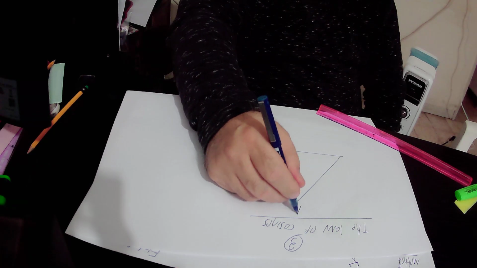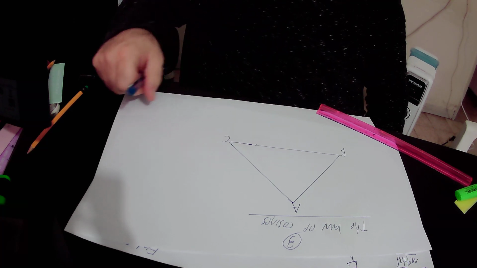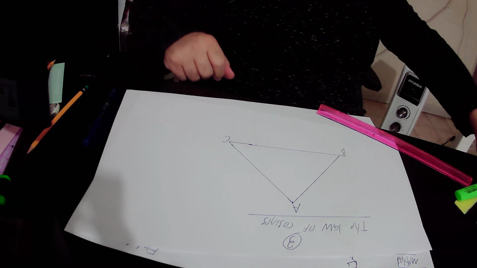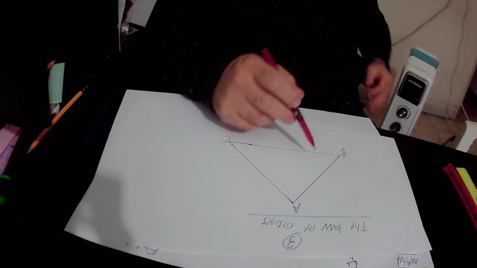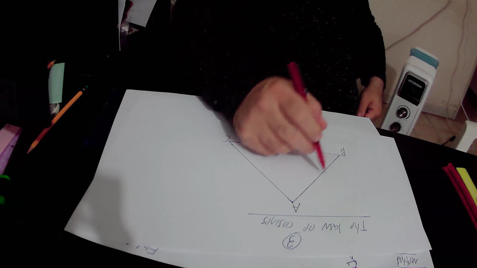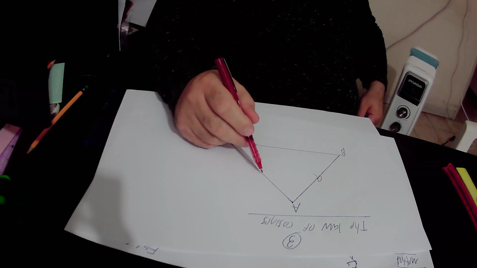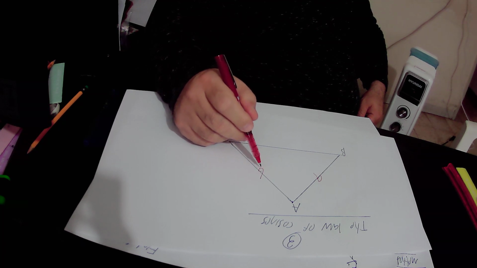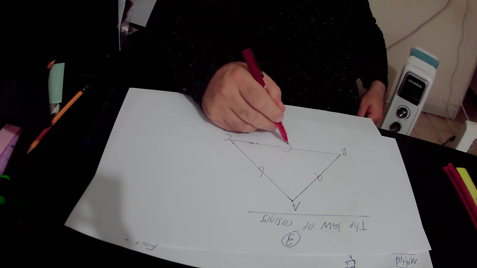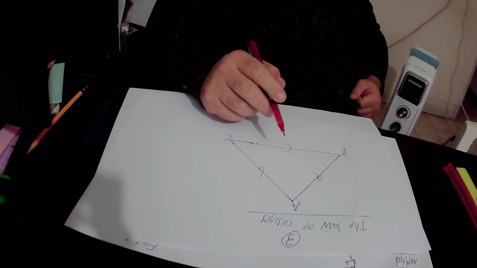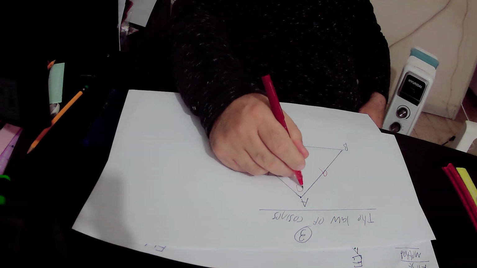We know that the length of side AB is A units, the length of side AC is B units, and side BC equals C units in its length, and the angle between side AB and side AC is alpha.